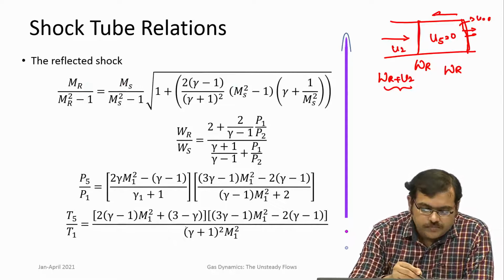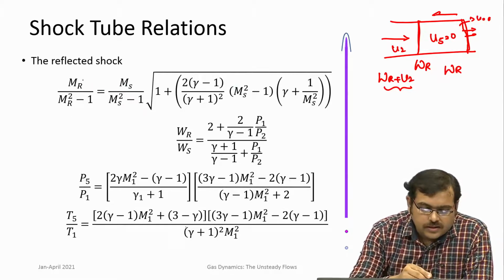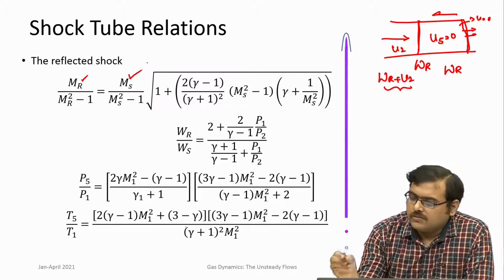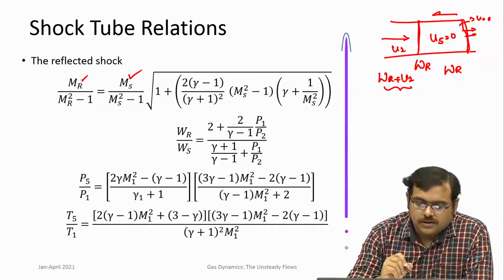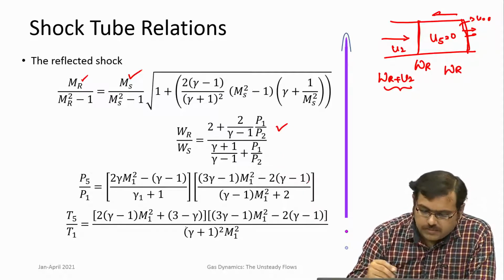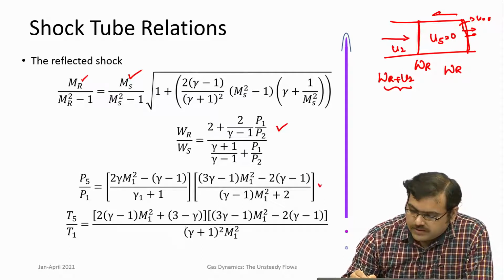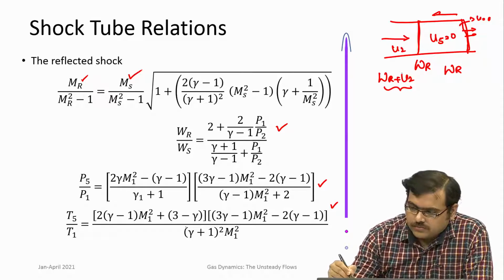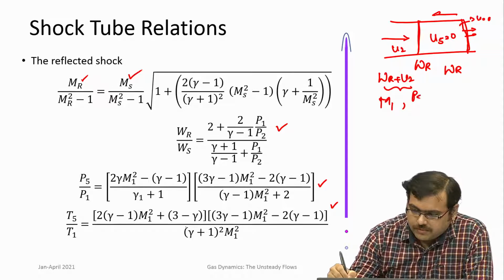The reflected shock Mach number can be represented in terms of the incident shock or the primary shock, and also it can be represented in terms of P1 by P2. Okay. And the pressure ratio similarly can be represented in terms of the incident shock. So here also the incident shock is what plays the role. So if you know M1, you can get P5 by P1 and T5 by T1.